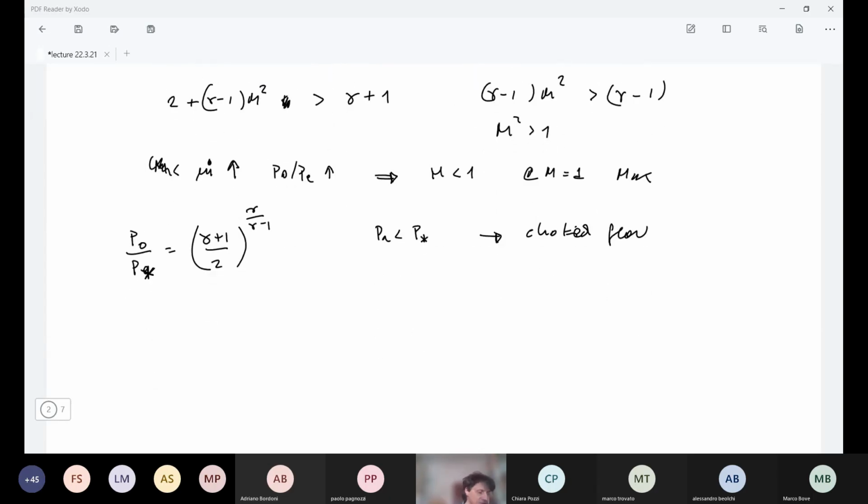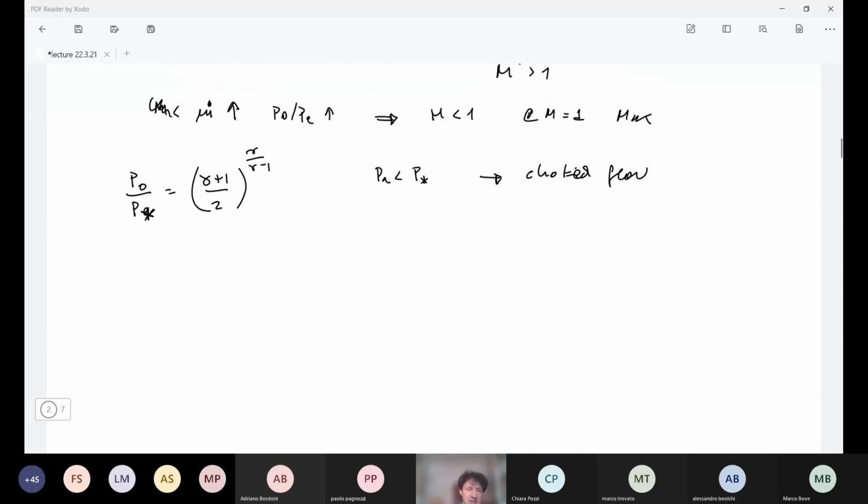And what is this pressure? We have just to replace here gamma in this relation to see that, of course, we can see this in terms of P0 over P star or by the inverse.